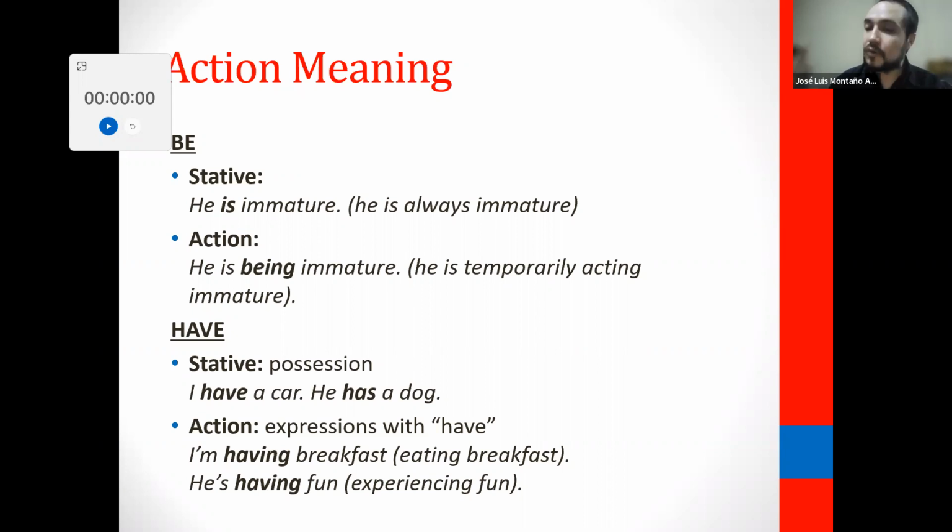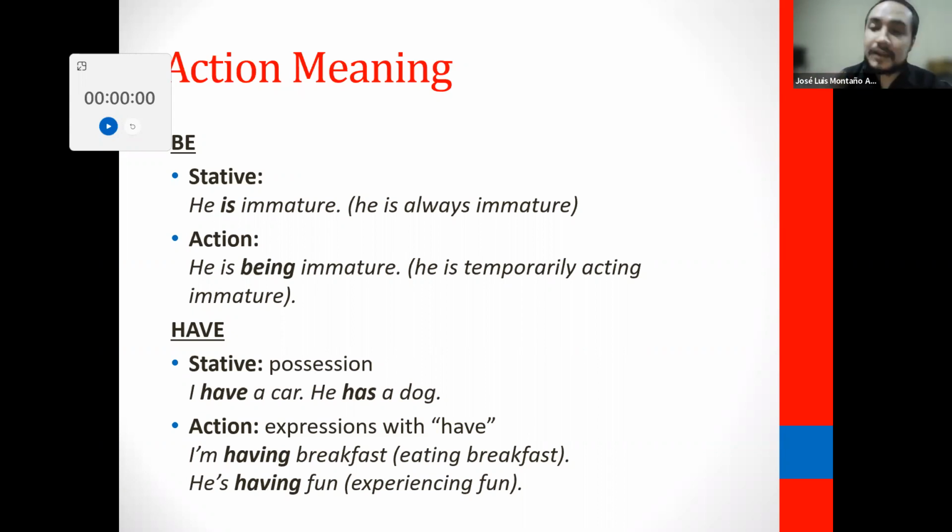I'm having water, I'm having coffee, I'm having juice, I'm having a beer, or a glass of beer, or a glass of wine, which will be better in that case.